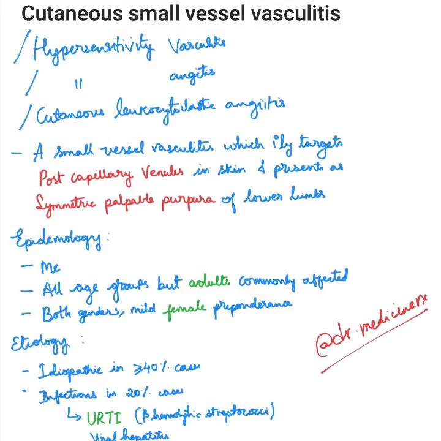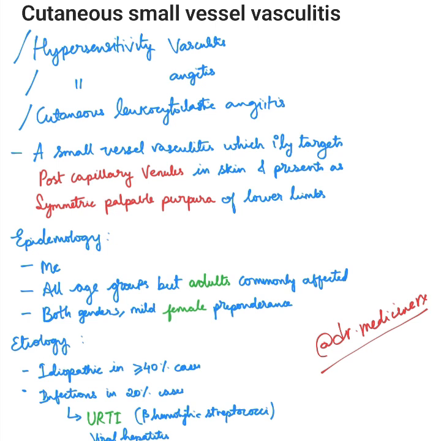Medicine RX and in today's video we'll be discussing cutaneous small vessel vasculitis. This is also called hypersensitivity vasculitis, hypersensitivity angiitis or cutaneous leukocytoclastic angiitis. This is one of the most common cases that we see in our OPDs where a female presents with certain lesions on her legs, and when you examine you find non-blanching erythematous or purplish papules, and you make it out to be purpura.